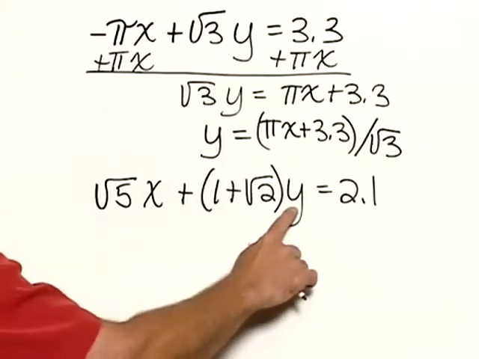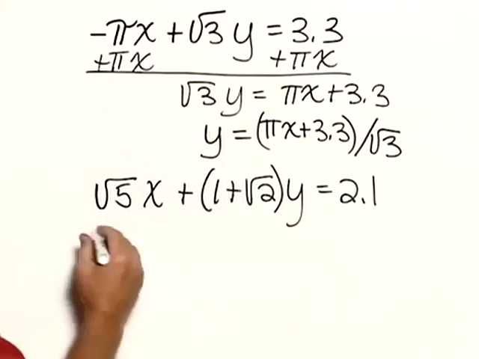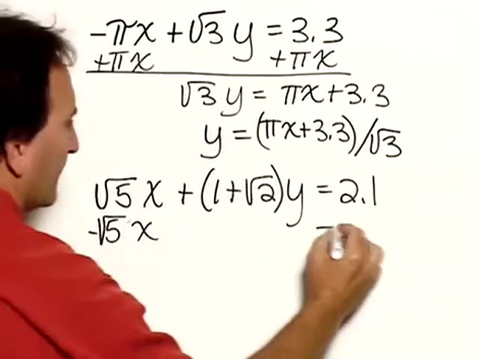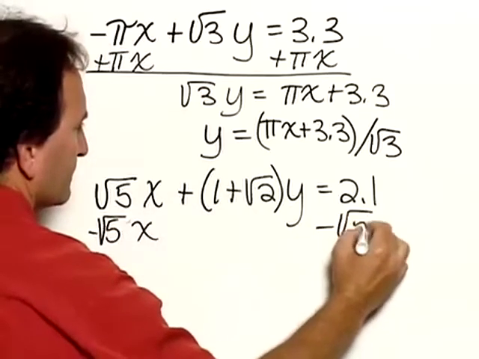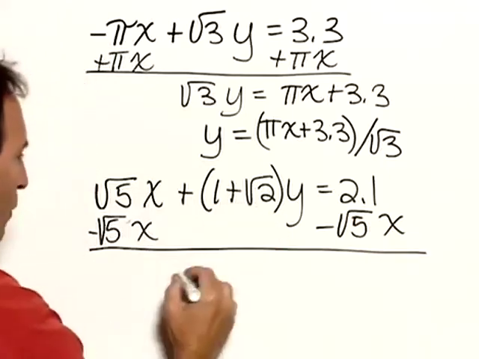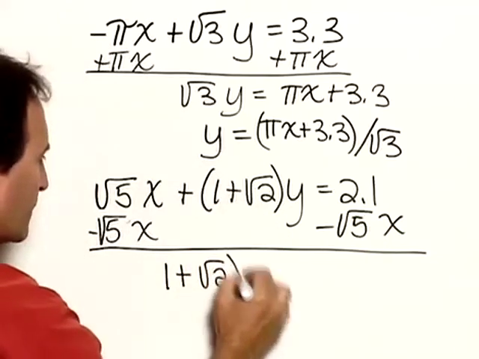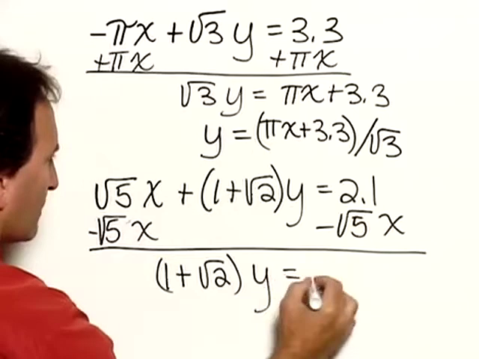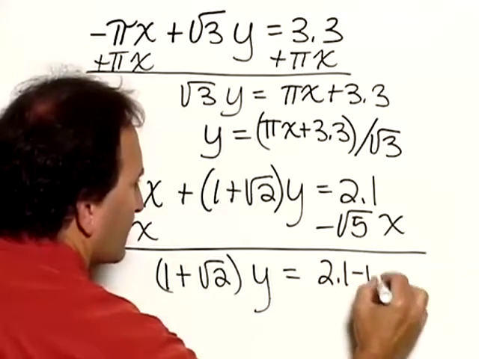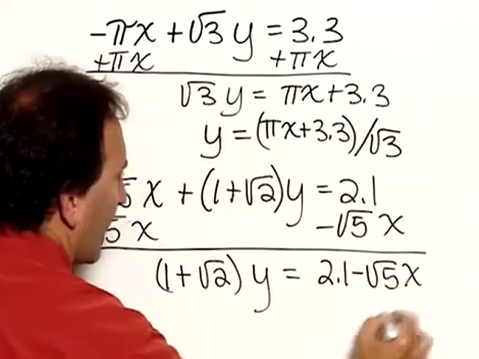For the second equation, we need to isolate y, and that means we start by subtracting the square root of 5 times x from each side. What that gives us is 1 plus the square root of 2, in parentheses, times y, and that's equal to 2.1 minus the square root of 5 times x.